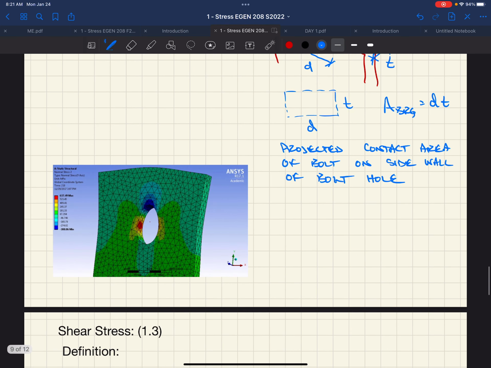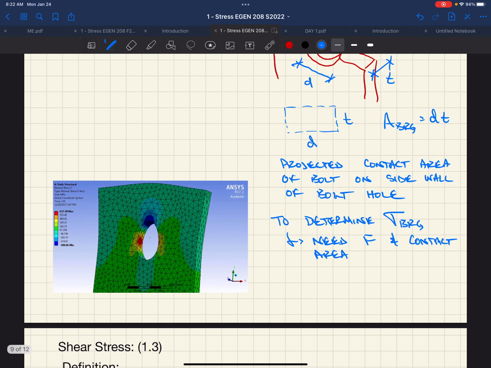So as mentioned, to determine our bearing stress, we need our applied force and our contact area. And as you can imagine, this is a very big simplification of the real world.